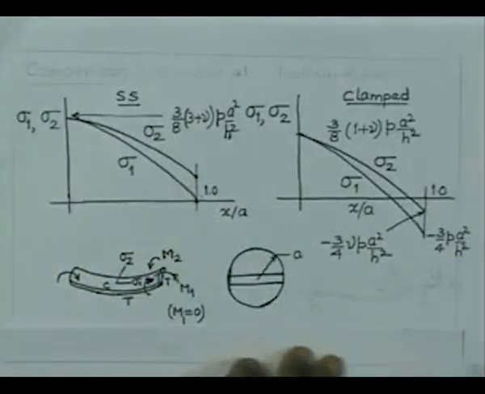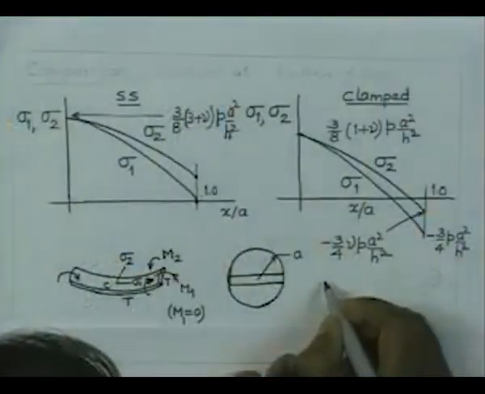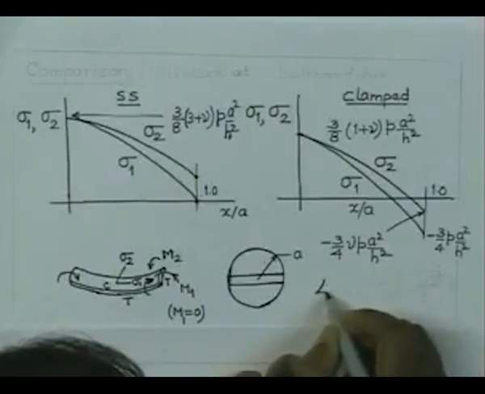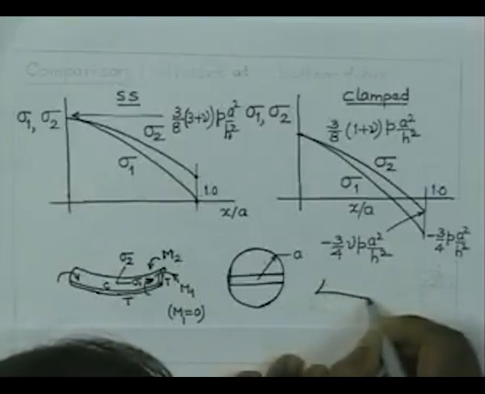Now, let us try to see the difference in the case of clamped plate, which I have already stressed in my last lecture. Let us again look into it, so that you can see the comparison between the two. In this case, the portion at the center is going to deform like this.